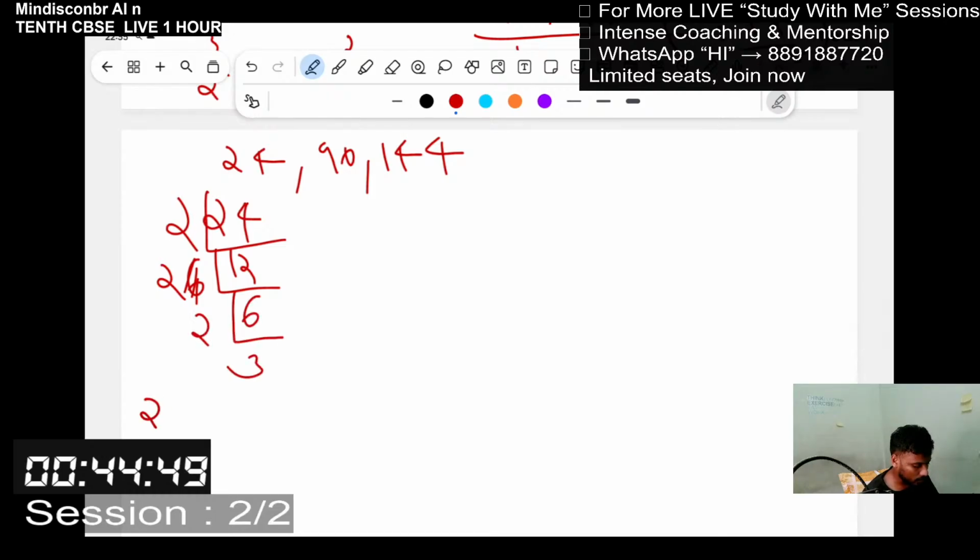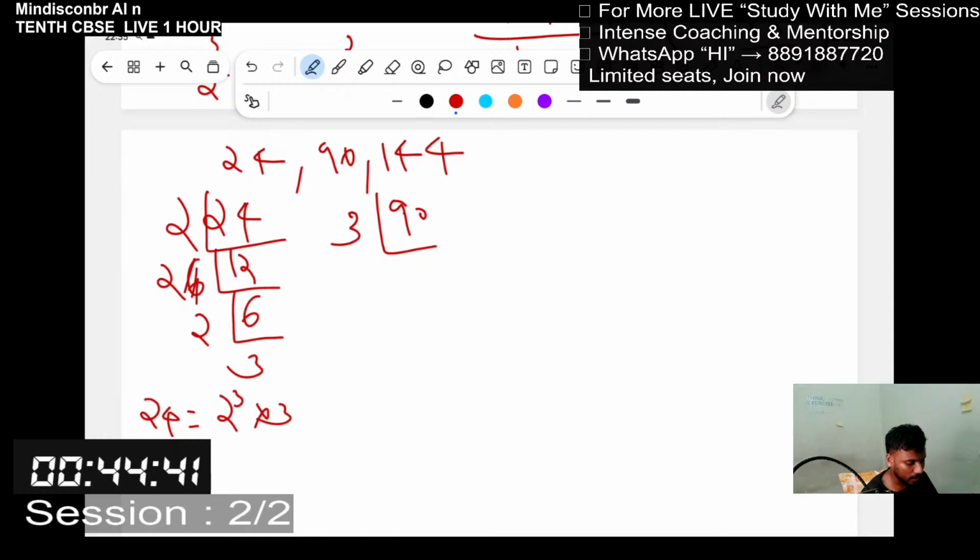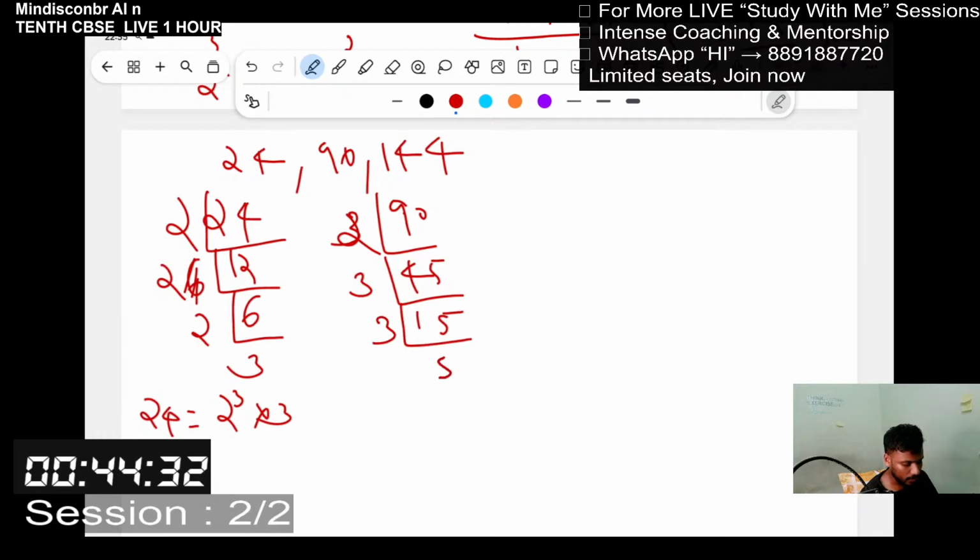Therefore 24 is equal to 2 cube into 3. Next, 90: 2, 45, 3, 15, 3, 5. Therefore 90 is equal to 2 into 3 square into 5.